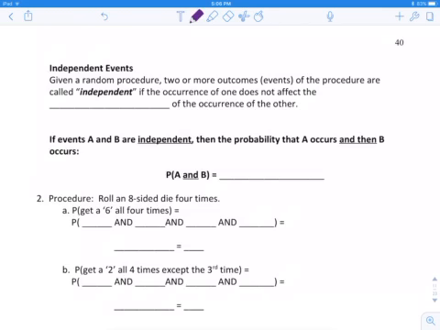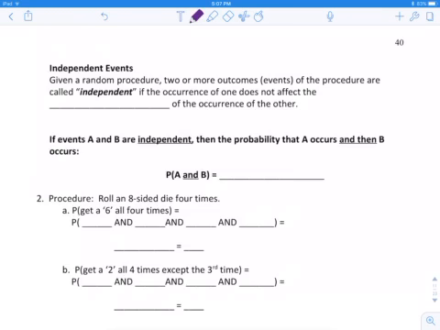Before we get into actually using that rule, we have one more definition we're going to have to use. That's the definition for independent events. We're talking about independent events when you have 2 events that you're doing back to back. You're doing one thing and then you're doing the other.